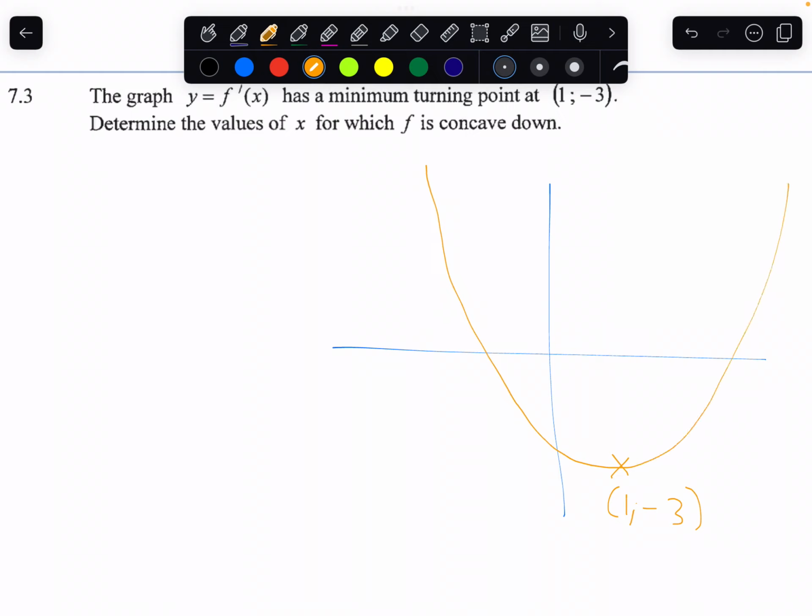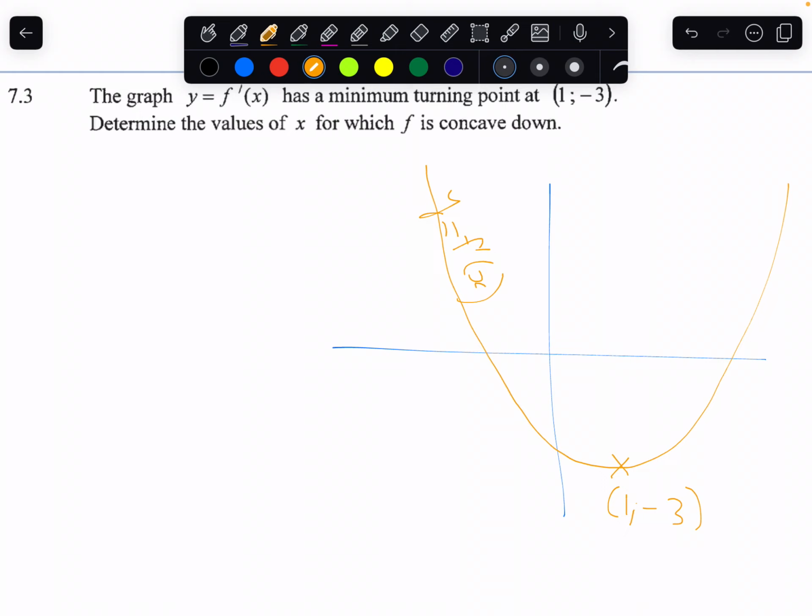And very important, this is the graph of the first derivative of f, not of the function f. And remember, the first derivative tells us about the gradient of the function f, or the graph of f.